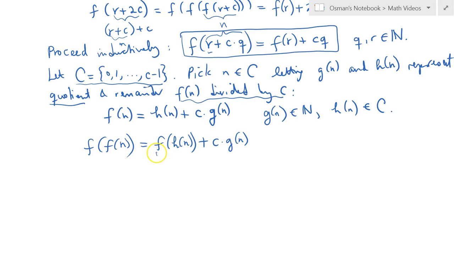But notice that our function f is mapping positive natural numbers to positive natural numbers, so this expression here is definitely greater than or equal to c times g of n.